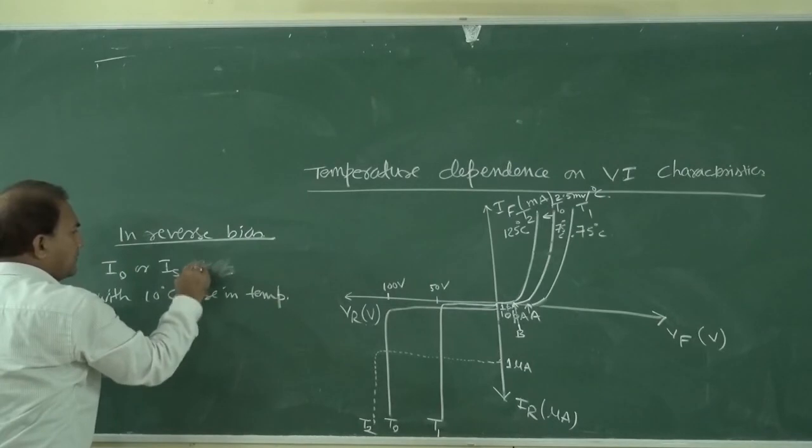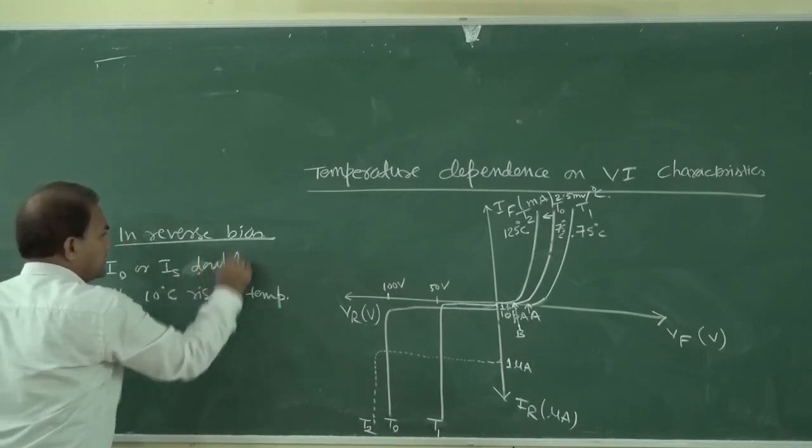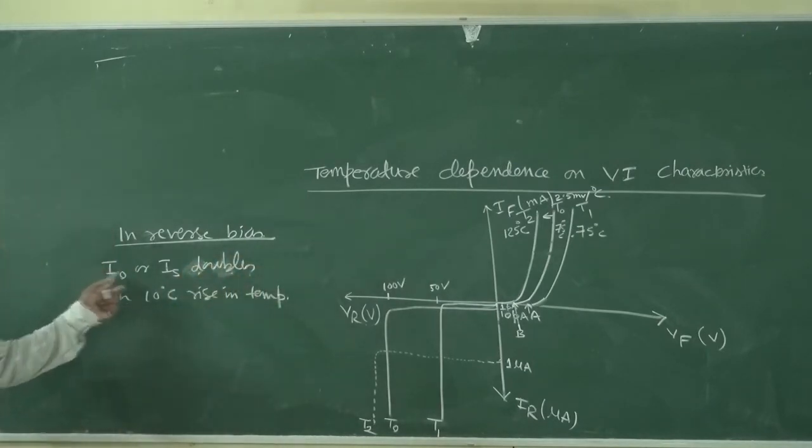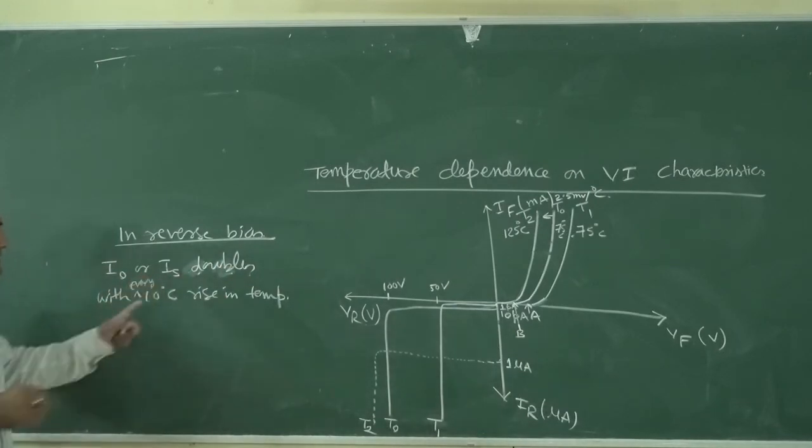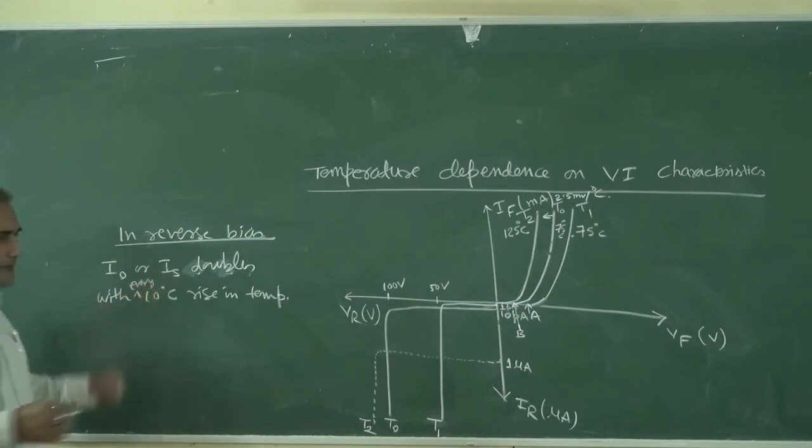You can write it doubles, IS or I naught, it doubles with every 10 degree centigrade rise in temperature.